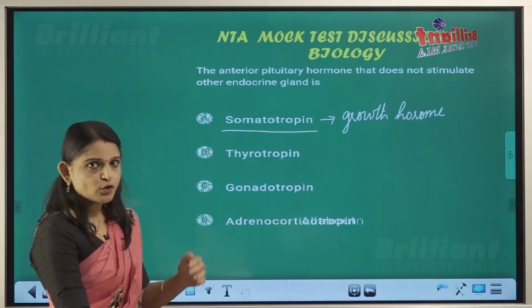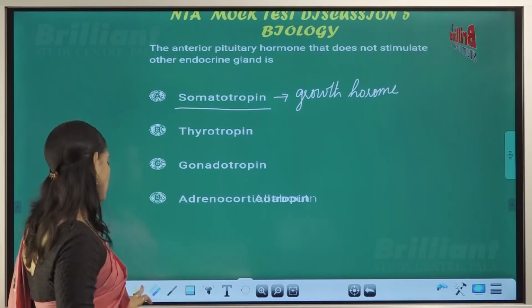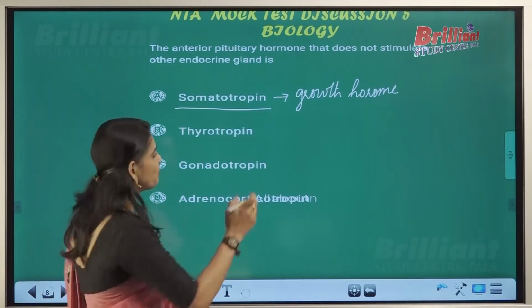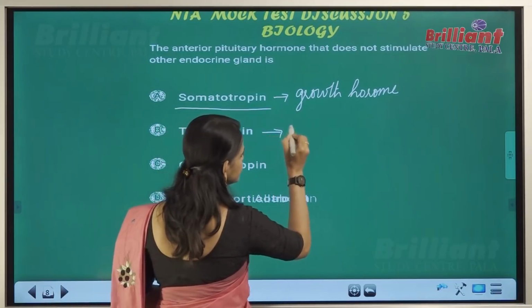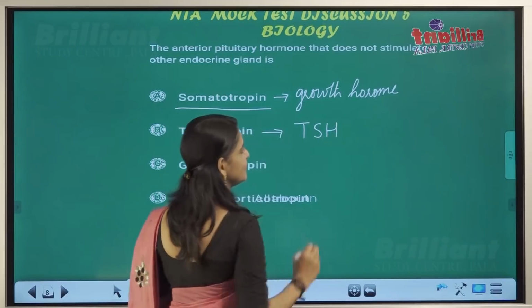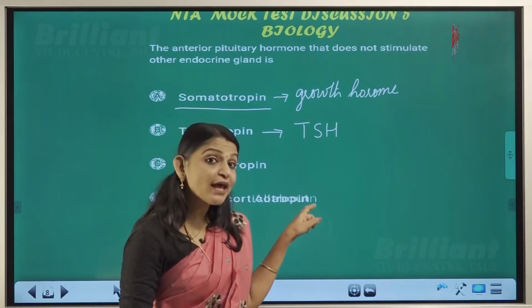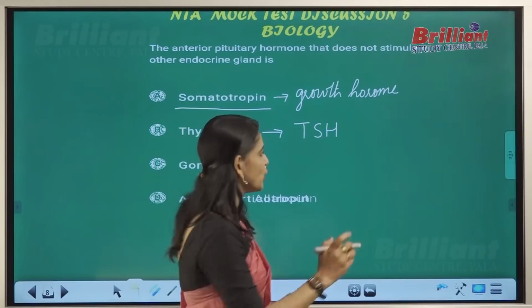Let us look into other options too. Next one, they are telling about thyrotropin. You know that thyrotropin is thyroid stimulating hormone. Thyroid stimulating hormone, it stimulates which gland? Thyroid gland.